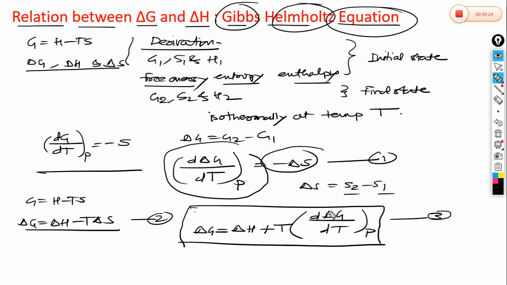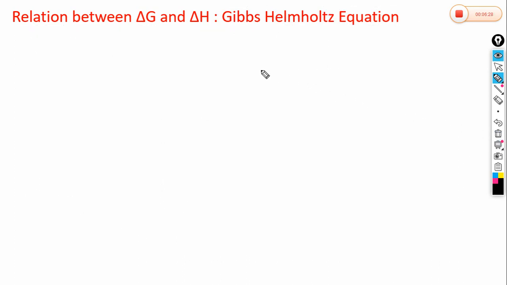Similarly, the quantities delta A, delta E and delta S can also be related from the Helmholtz work function, A is equal to E minus Ts.